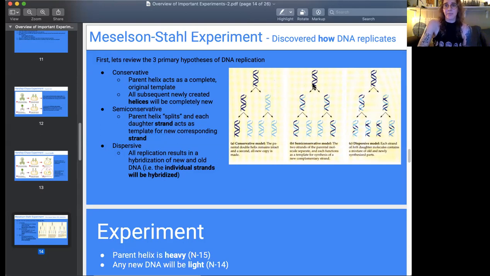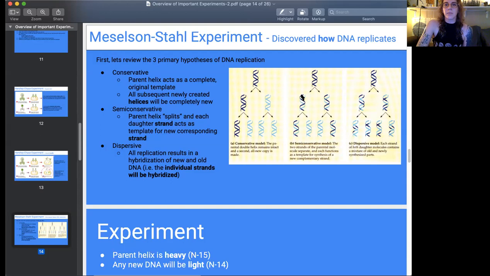Now, in the semi-conservative model, instead of one completely old and one completely new, it's kind of a middle ground. We have one strand from the original parent's helix transferred to each of the daughters, and each of those strands is a template for a brand new strand. So in the first generation, we have these 2 new hybrid molecules, and at each successive step that still happens.